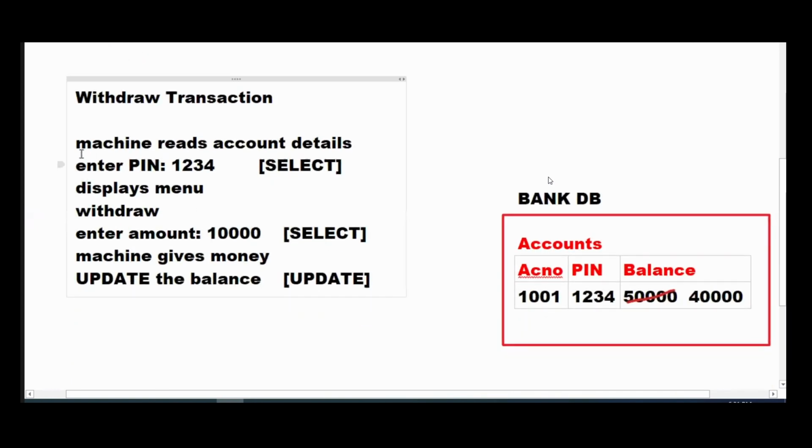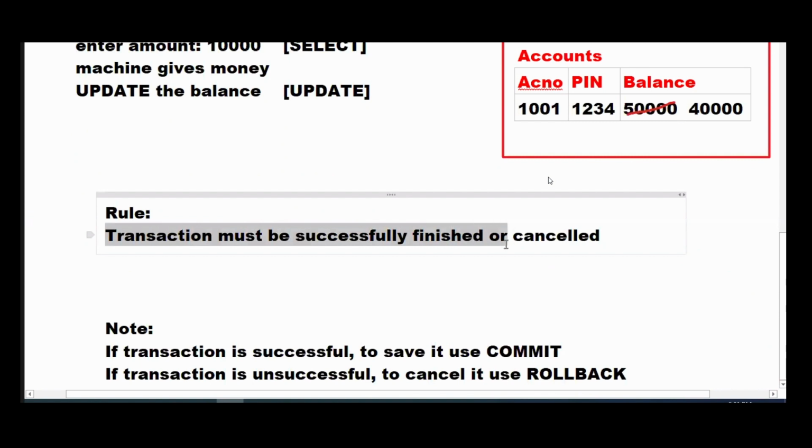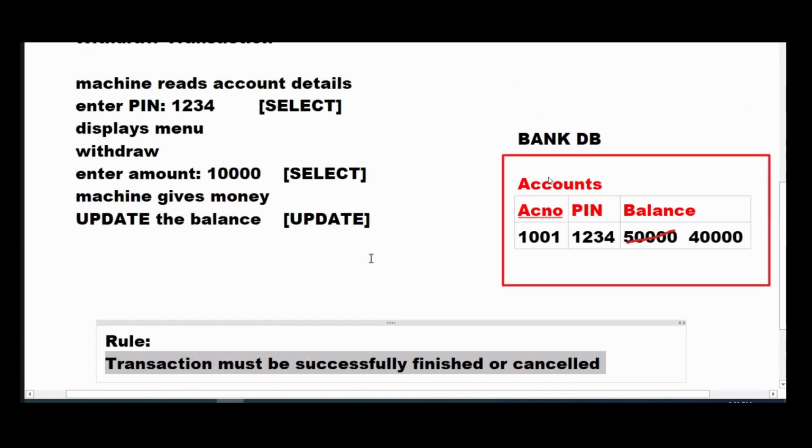Every transaction is a series of actions. So if we take the withdraw transaction, this many actions we have to perform. This series of actions we are calling the transaction. So there is a rule that a transaction must be successfully finished or cancelled, but it should not be stopped in the middle.